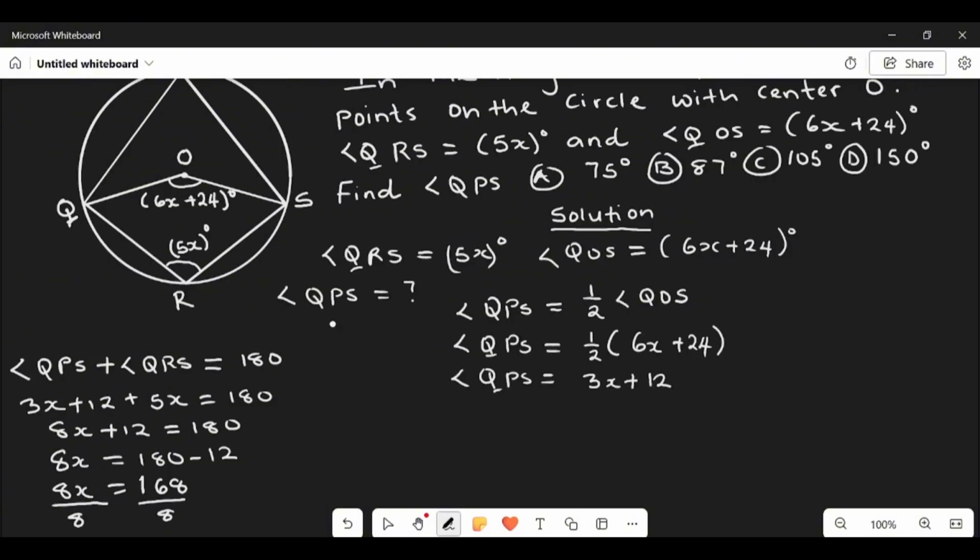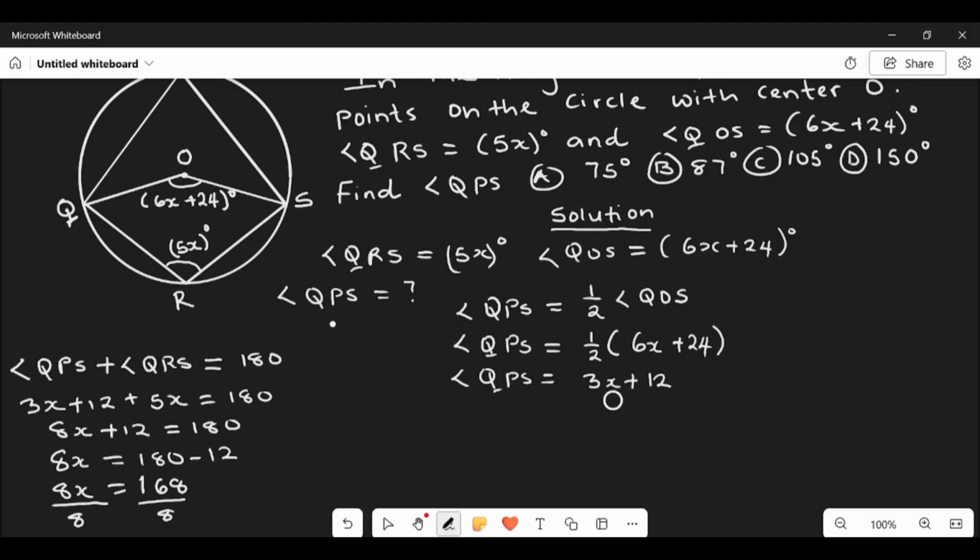But don't forget, the question asks us to find the angle QPX. We have already calculated that our angle QPX is equal to 3x plus 12.